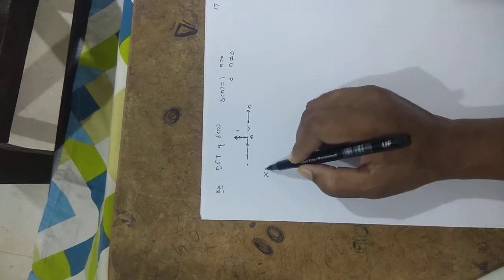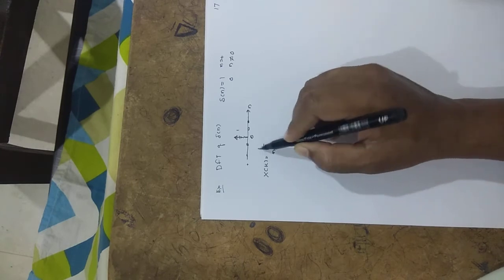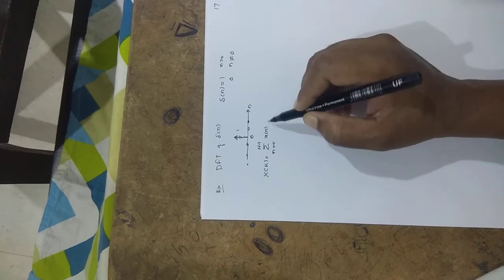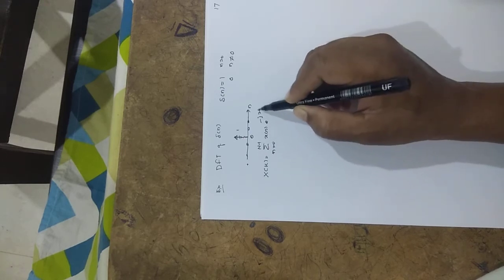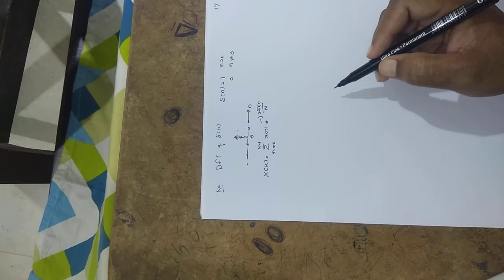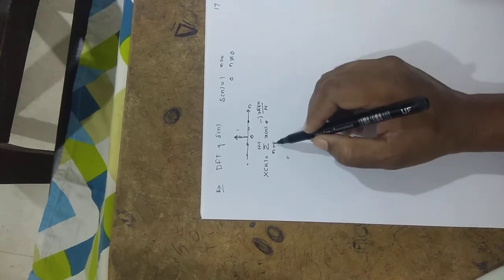So according to the definition, the x of k is given by summation n equal to 0 to N minus 1 x of n e to the power of minus j 2 pi k n by N. For all values other than 0, its value is 0.